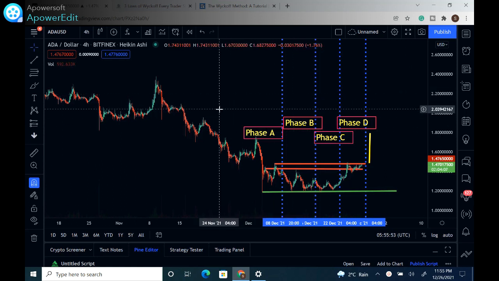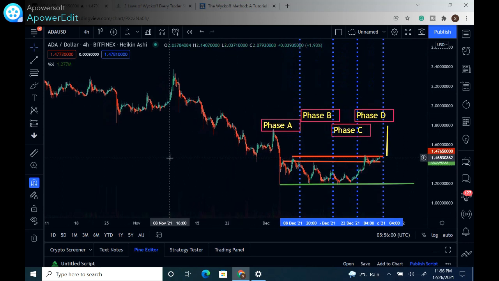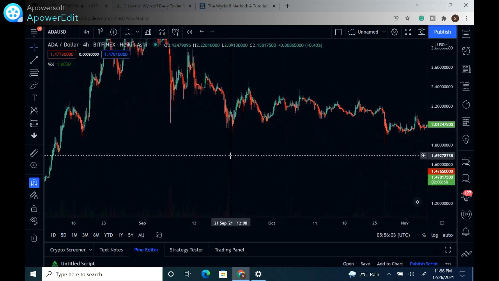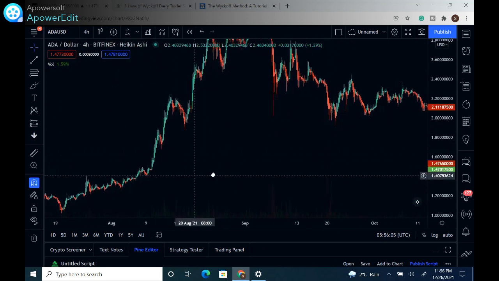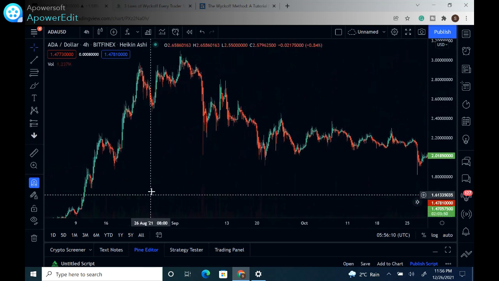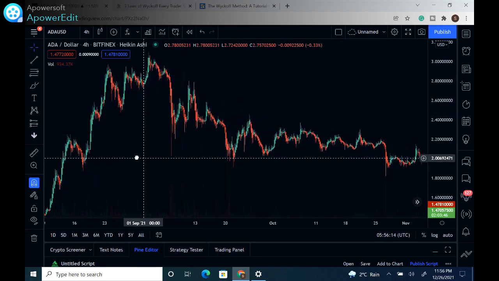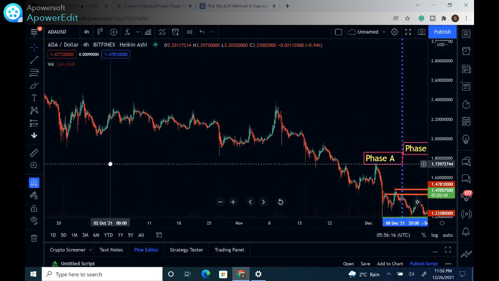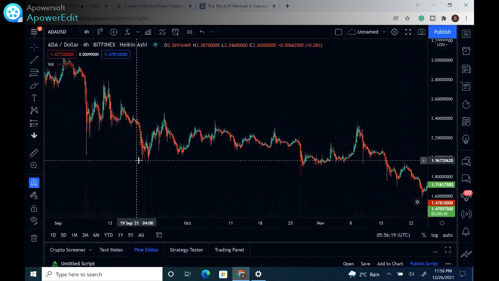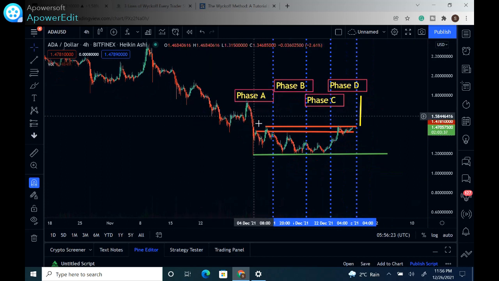So this is the 4 hourly chart pattern of Cardano. Here we have seen a big rally from July 2021 to September 2021, and then we actually reached a bear market, and then we have seen a significant drop of Cardano price.